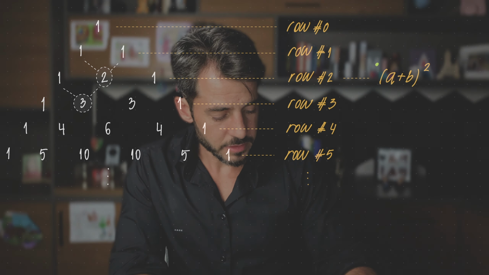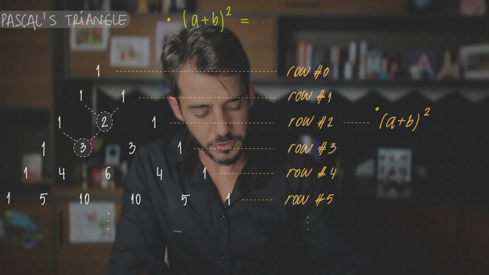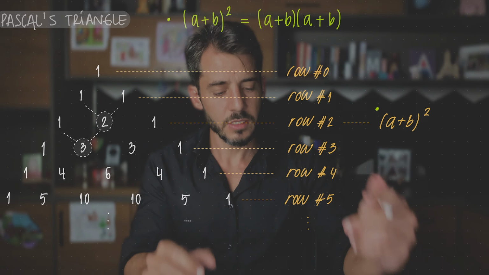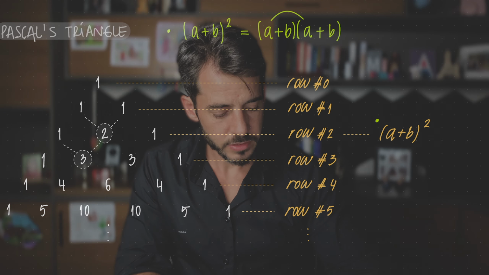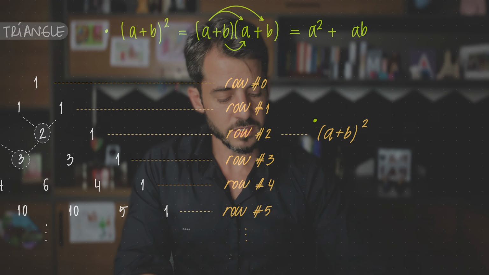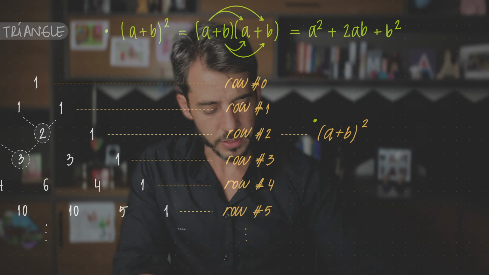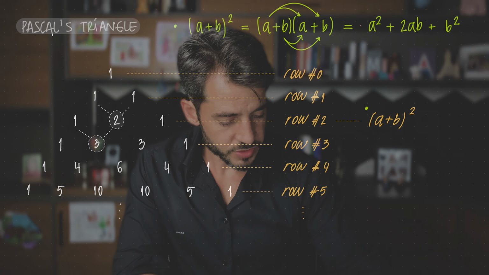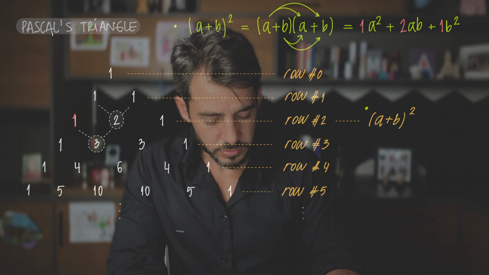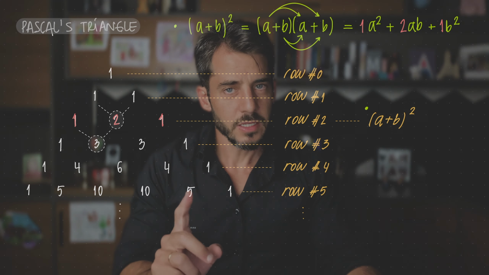When we expand (a plus b) squared, for example, and let me do this one by actually writing the binomials and foiling, we get a squared plus ab plus ba, which is the same thing as ab, so we have 2ab, plus b squared, where the coefficients 1, 2, and 1 can be found in Pascal's triangle. We're going to mention why that's the case in a minute.